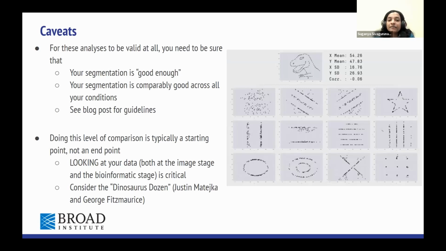We need to make sure the segmentation is good enough across all the perturbations. Because when you look at the association later, whatever difference you observe in the similarity matrix should be the result of differences in the biology and not because of segmentation differences. So that's why we need to make sure the segmentation is good across all the different conditions in your data.